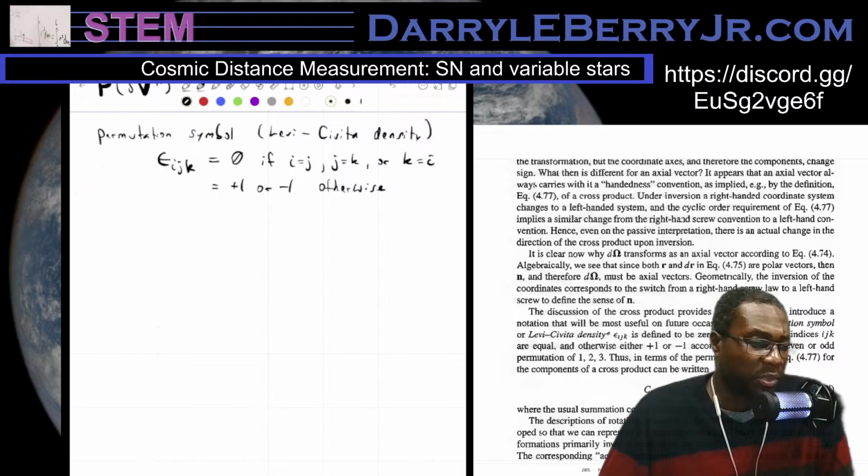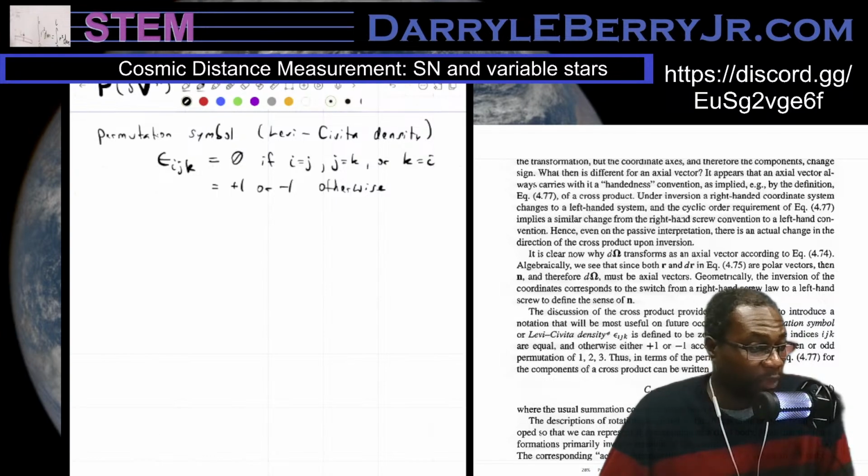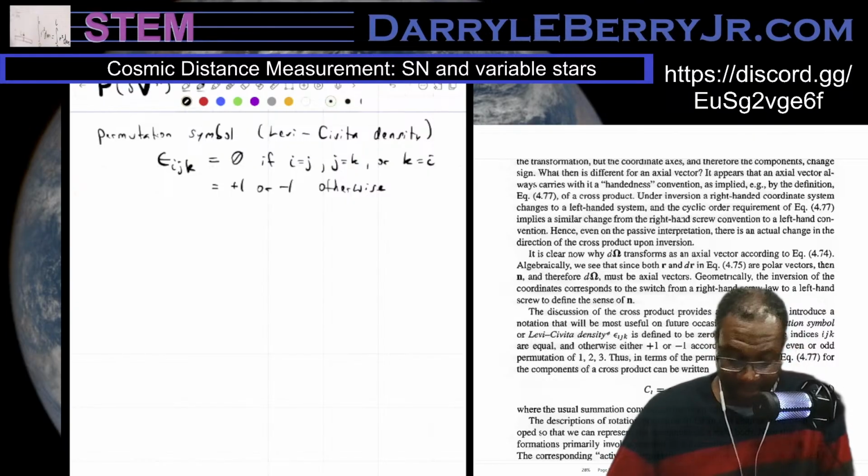Thus, in terms of the permutation symbol, equation 4.77 gives the components of a cross product.